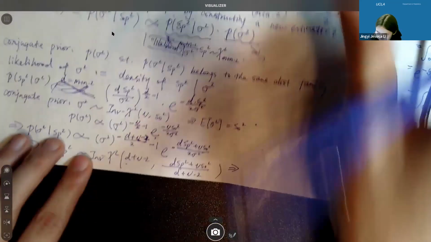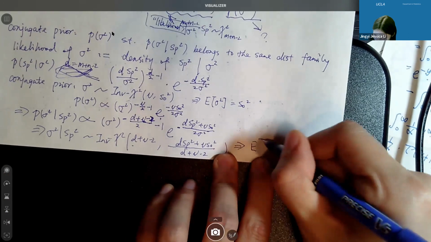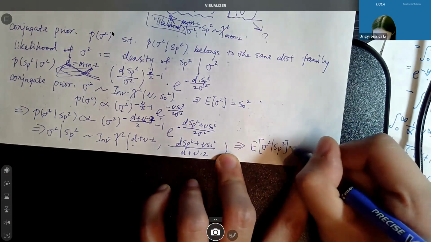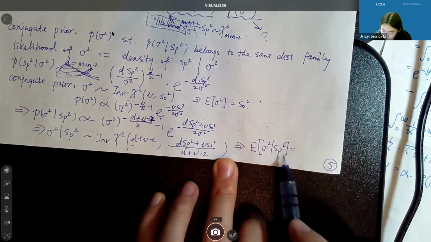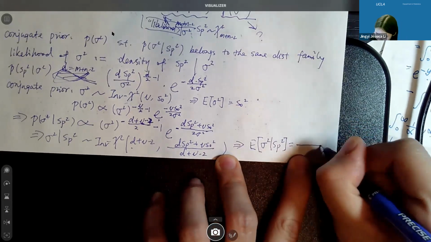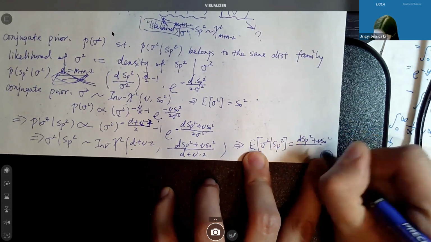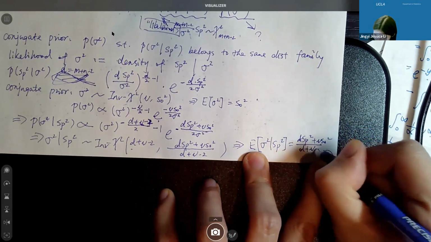Okay, going to the posterior, I would have the expectation of sigma squared given Sp squared equal to this term: D Sp squared plus V S0 squared divided by D plus V minus 2.